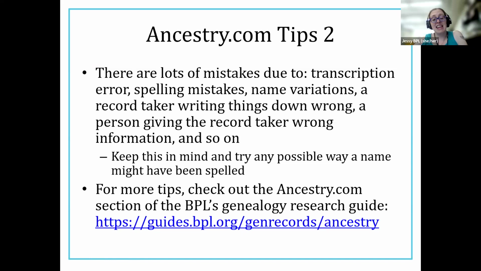So they might not have known. For instance, if they had live-in servants or boarders, they might not have known exactly where that person was born, whether or not they were married, or how to spell their name. So that's another thing to keep in mind. And those are just a few of the reasons why there can be mistakes in these kinds of records. So this is just something to keep in mind.